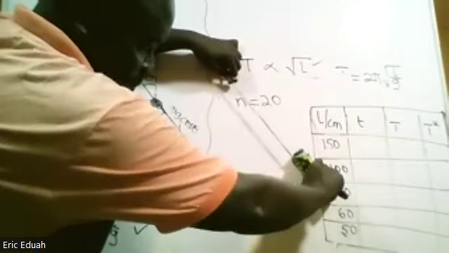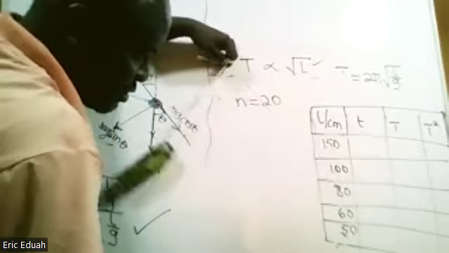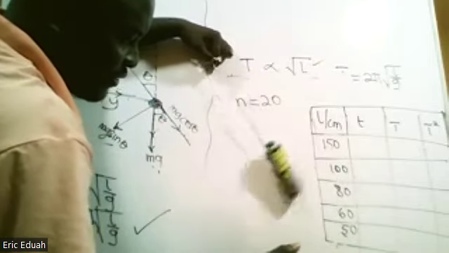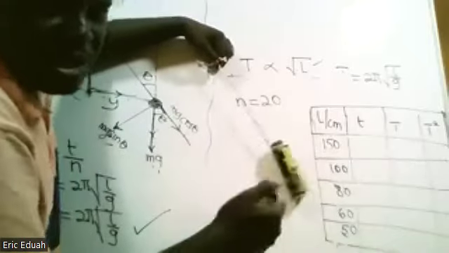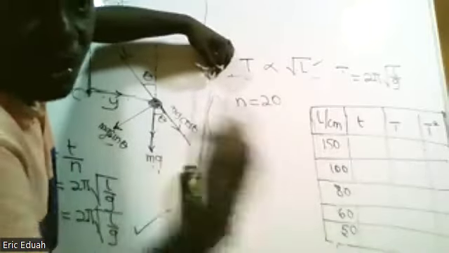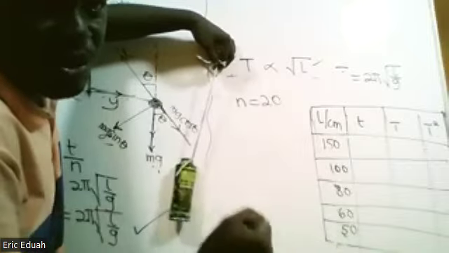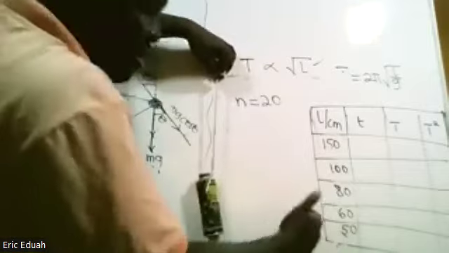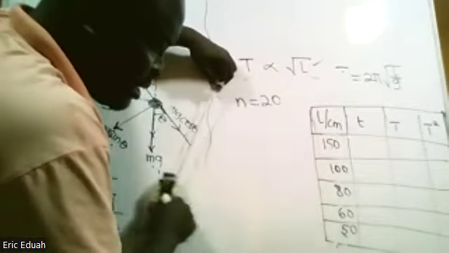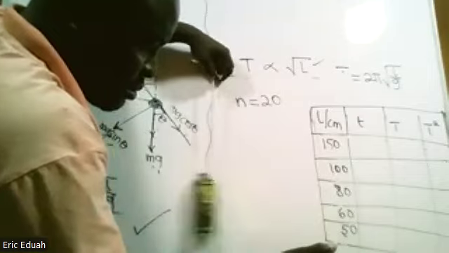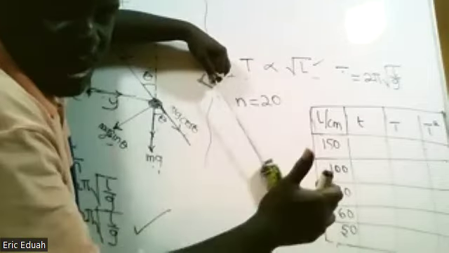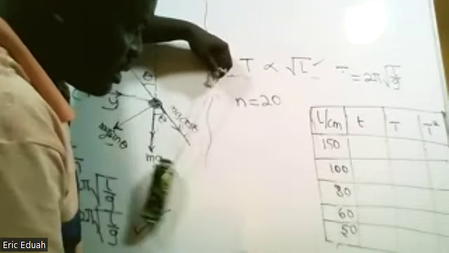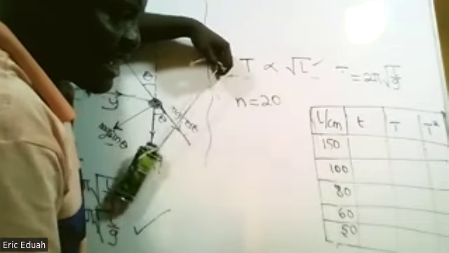So, 1, 2, 3, 4, 5, say up to 20 times. Whilst you are counting, you need to time, because you need the time for 20 oscillations. So the moment you oscillate it, I'm starting my stopwatch. 1, 2, 3, up to 20 times.